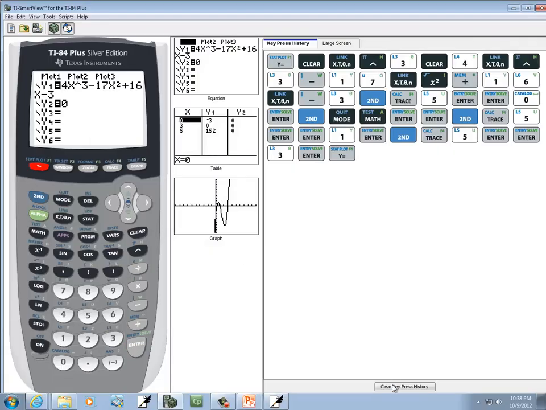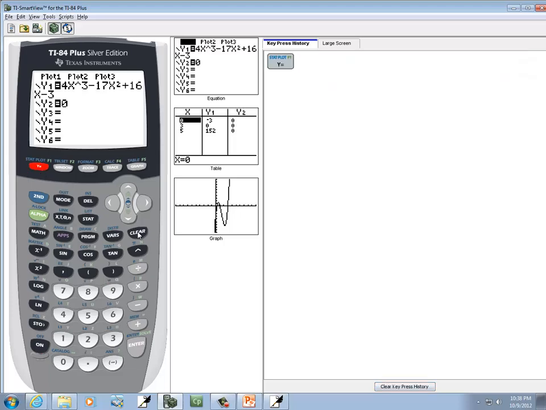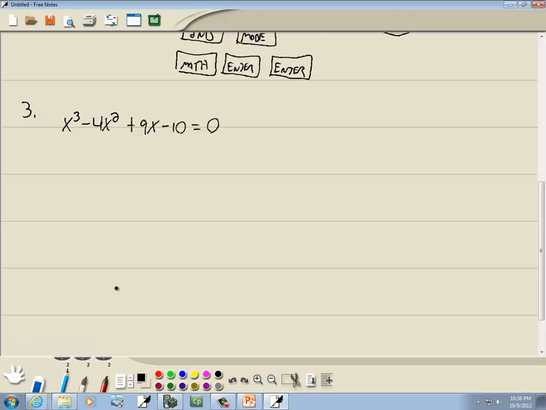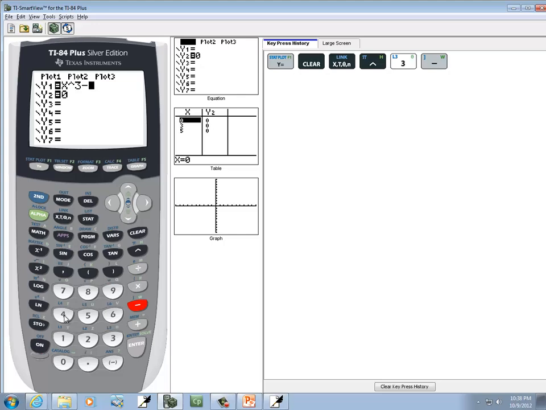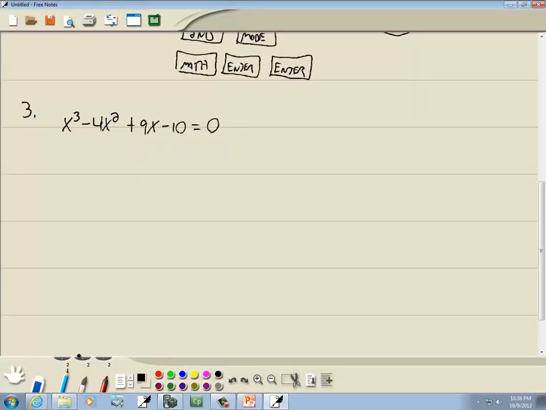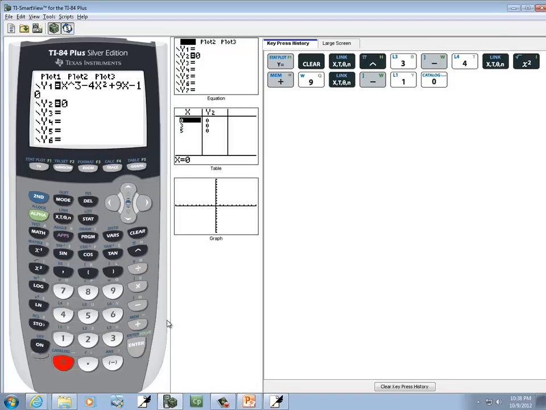So I'm going to go to y equals, clear, and we got x to the third, so I do x caret 3 minus 4x squared plus 9x minus 10. Now we already have 0 on y2, so we're good there.